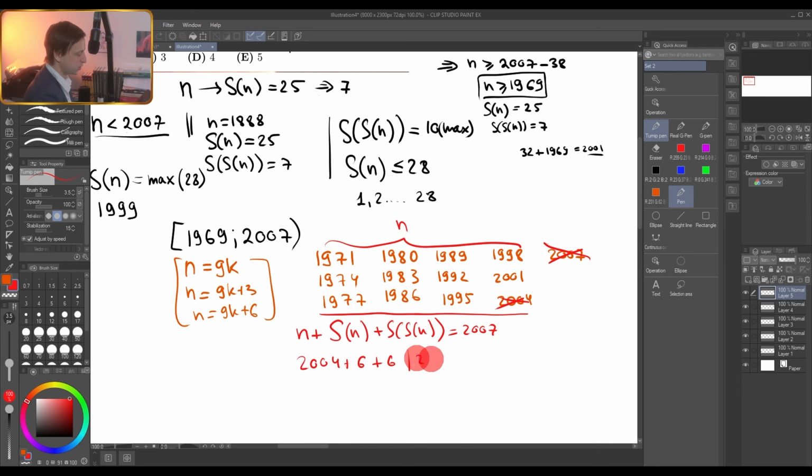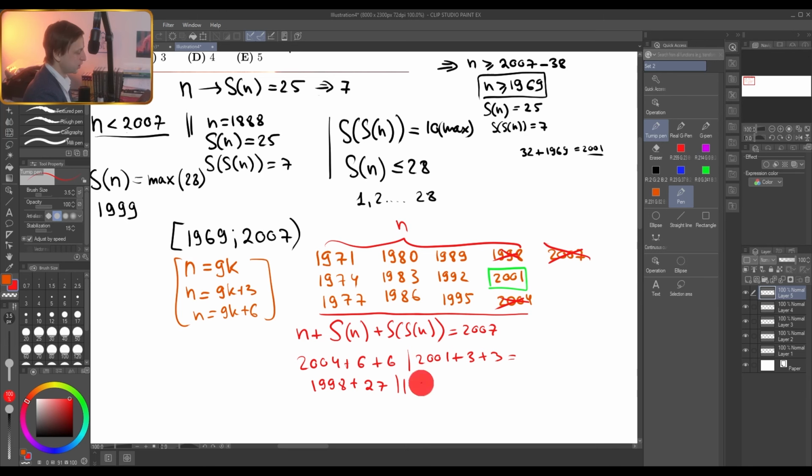2001, it will be 2001 plus 3 plus 3, it works for us. Okay, so 2001 is one of our options. 1998, let's look at this one. 1998 plus the sum of digits. Here the sum of digits will be 27, and it's just too large, it doesn't work for us.